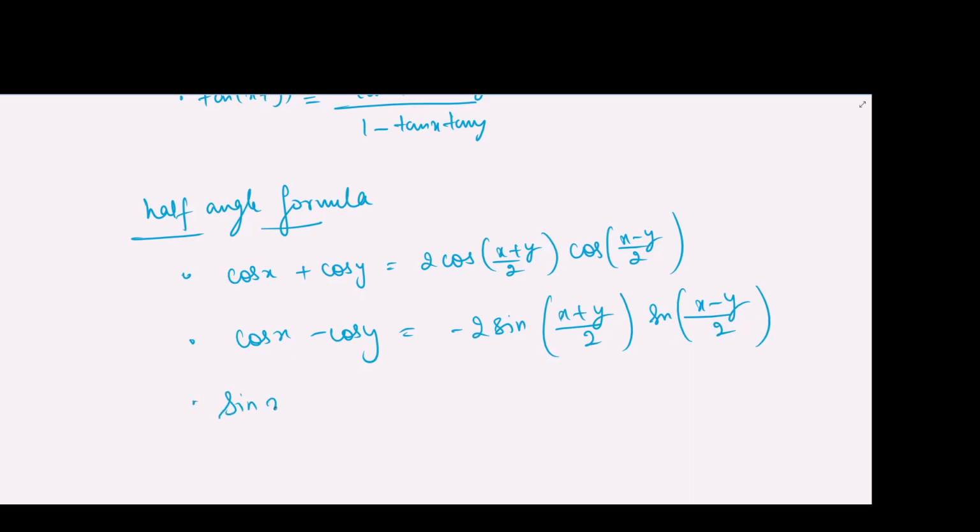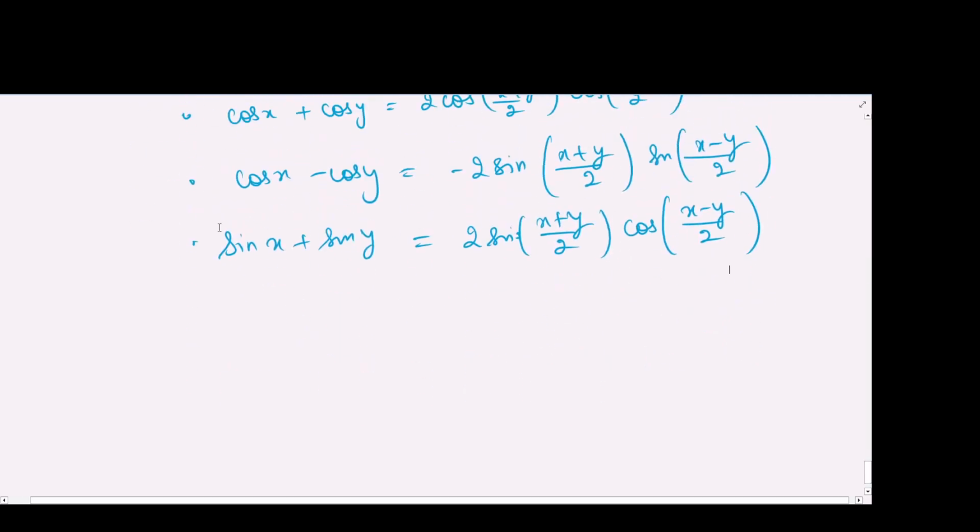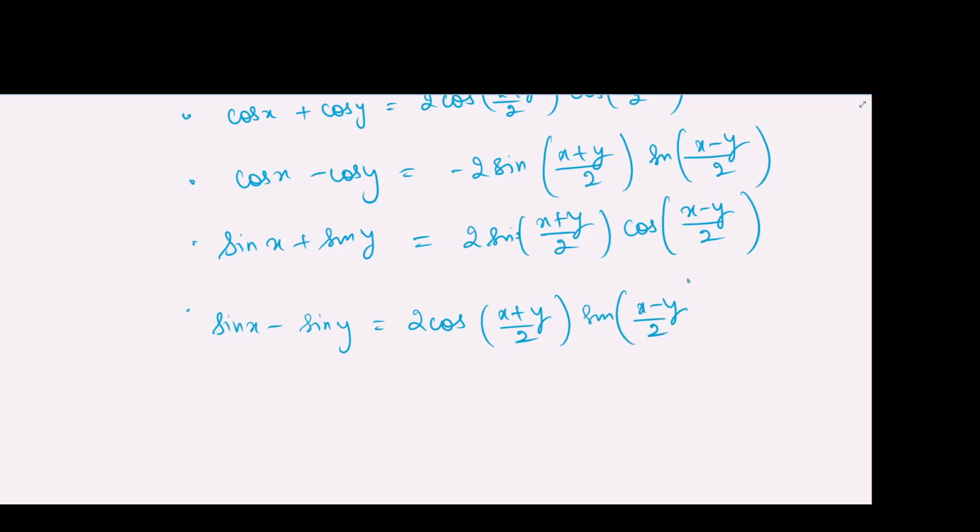We have sin x plus sin y is equal to 2 sin((x plus y)/2) cos((x minus y)/2). And last, sin x minus sin y is equal to 2 cos((x plus y)/2) sin((x minus y)/2).